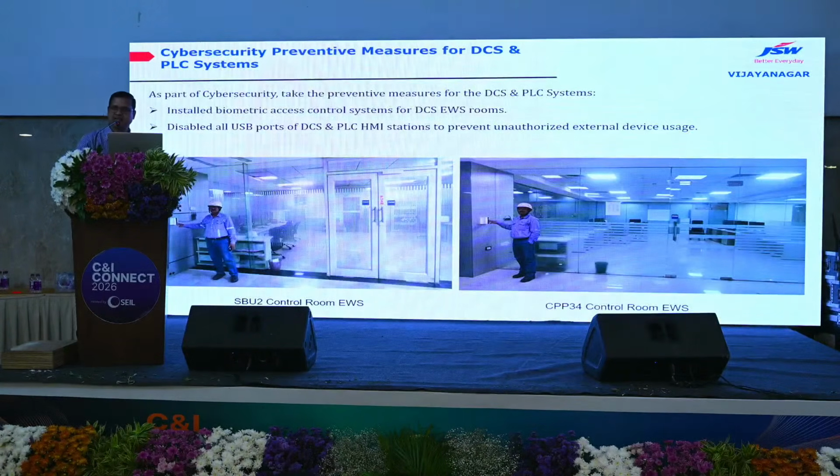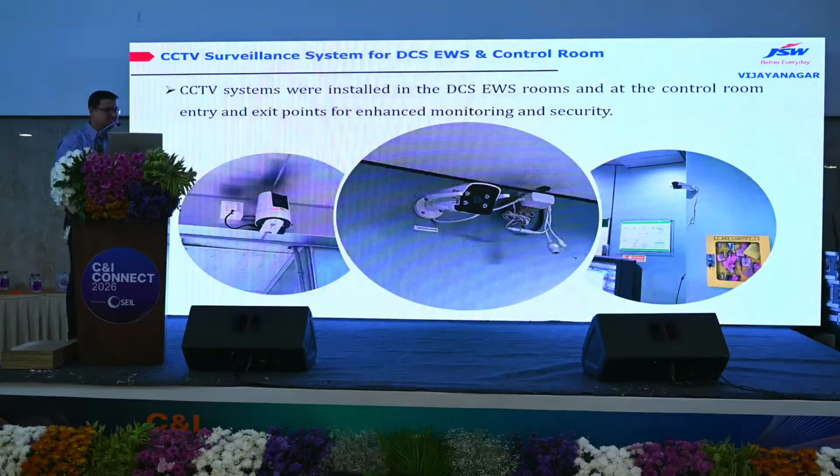In cyber security, we have implemented the biometric system in the AWS system, and all CCTV is monitoring the entrance and the exit of the control room. So any outside people coming are all monitored by CCTVs.